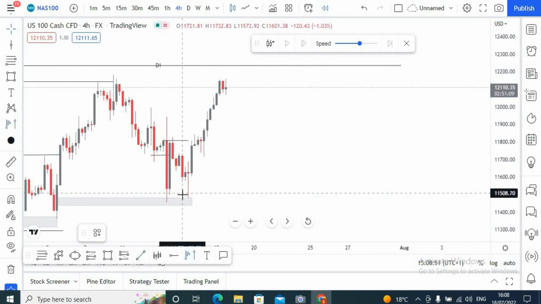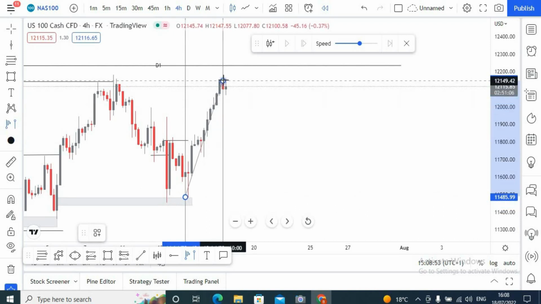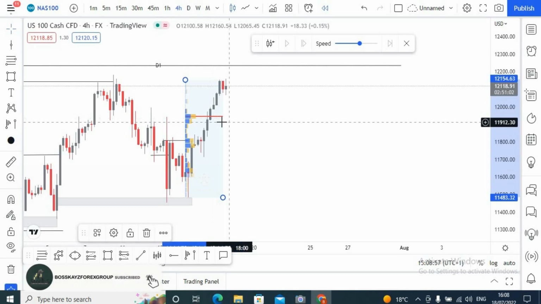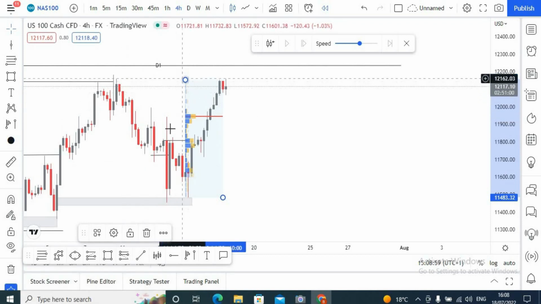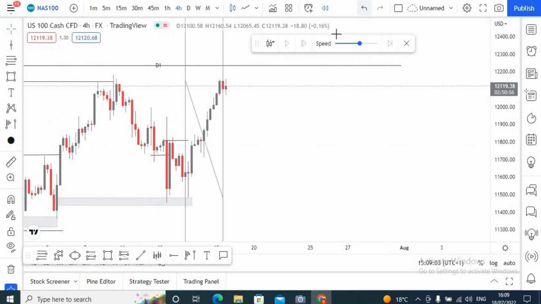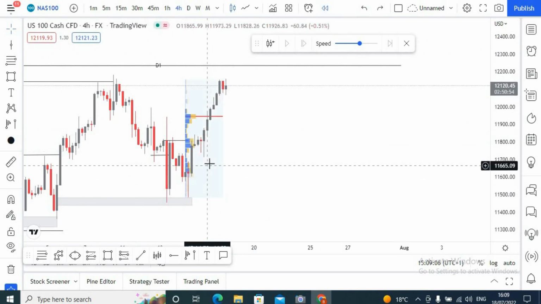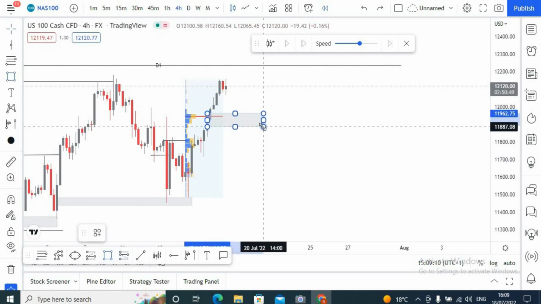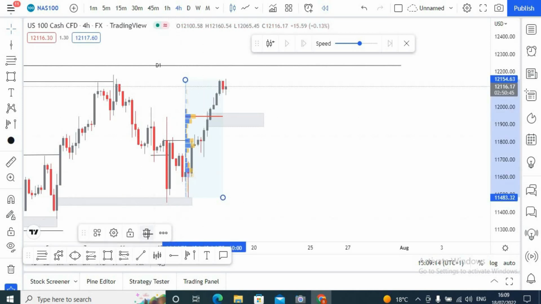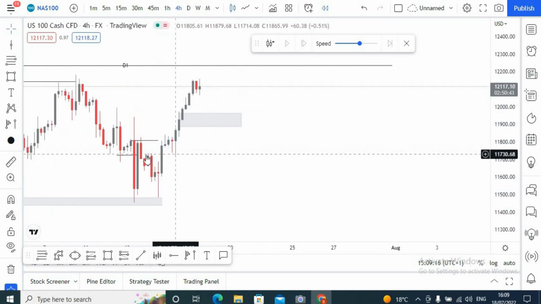So if we do something like this, mark the high, mark the low and the high, we'll find out the orders are at this momentum. So we'll see. Let me bring it back. Yeah, we'll see at this zone what we have right there. Let me break it down and see what we have in 15 minutes time frame though.